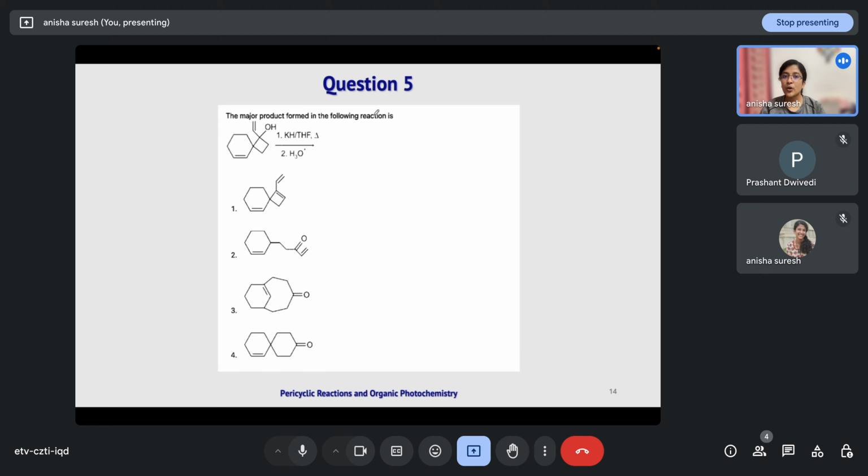The major product formed in the following reaction is. So what sort of reaction is this? We have seen in the first two questions, so it is also a similar type of reaction.